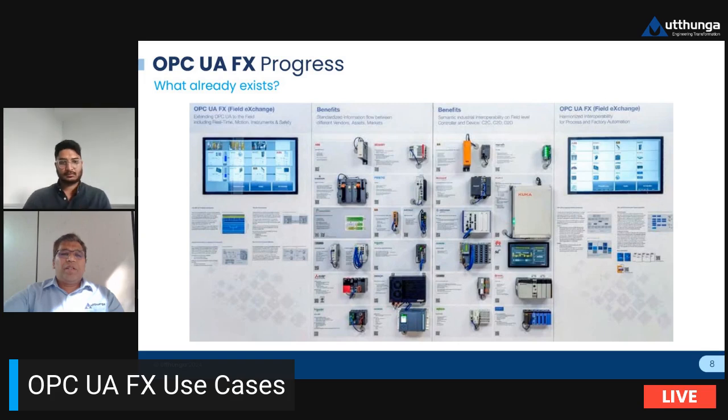Similarly, all the different member companies that are part of the specification working groups and prototyping working groups have been investing heavily in designing and developing products to adopt this technology and demonstrate their own capabilities with it.